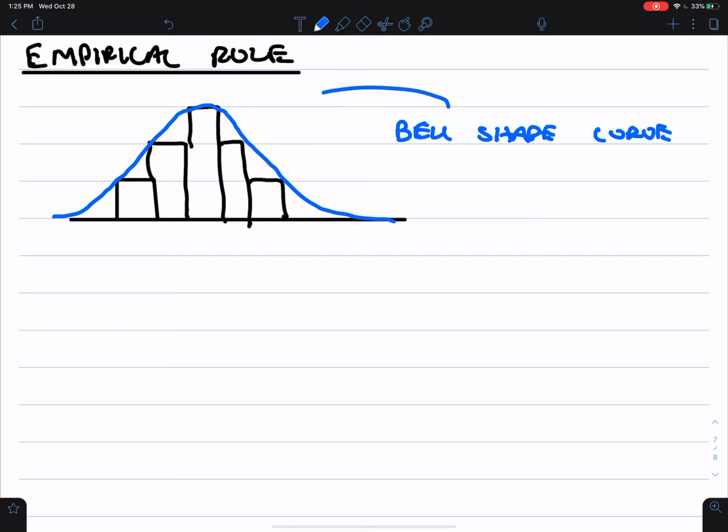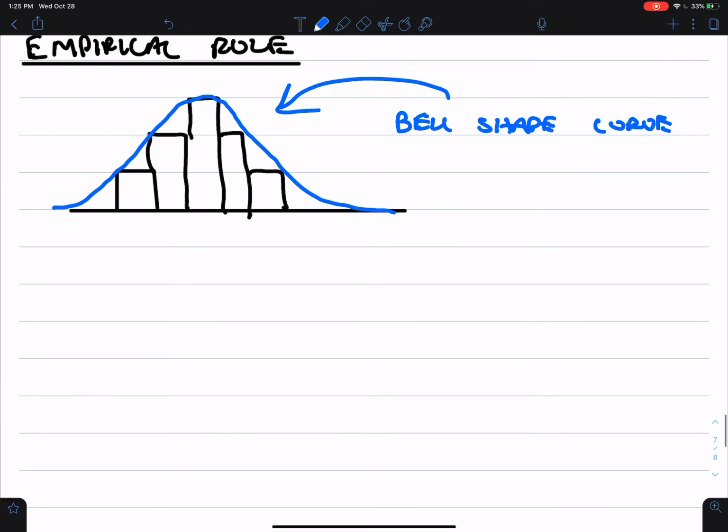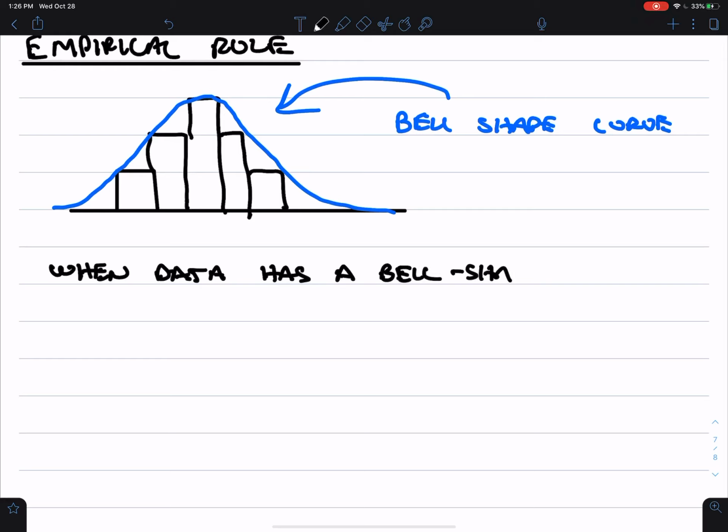Now, one of the things about the empirical rule is that it states when data, like for example in this histogram, when data has a bell-shaped distribution, it is symmetric.